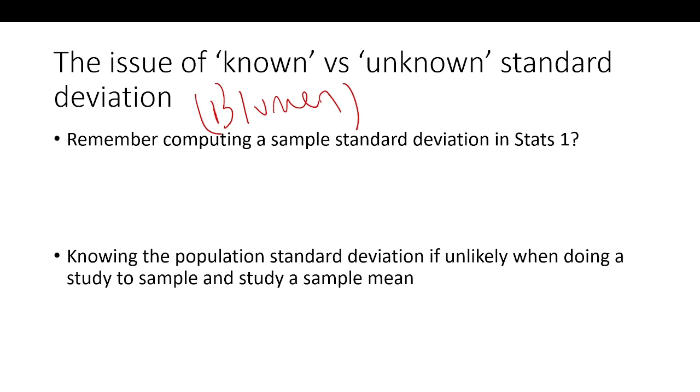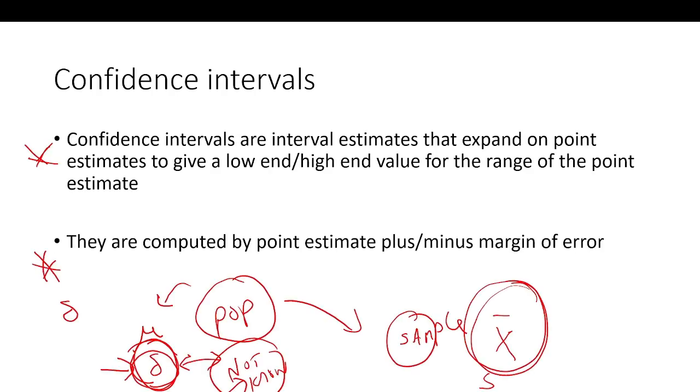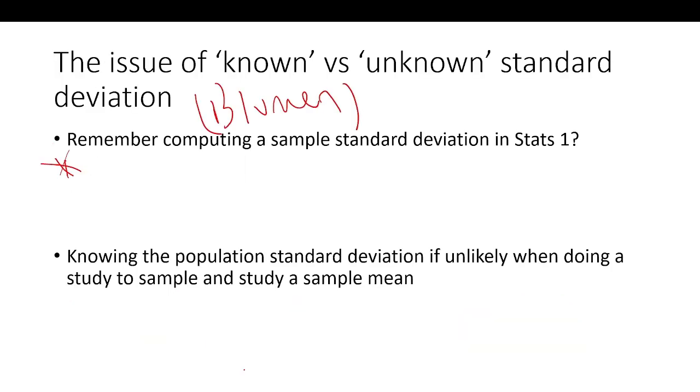It turns out textbooks make much to do about nothing because SPSS actually doesn't care one bit about this distinction. But that's because it limits out. In other words, once you reach a certain sample size, it doesn't even matter. But Blumen and most undergraduate statistics books make a giant to-do about known versus unknown standard deviation.